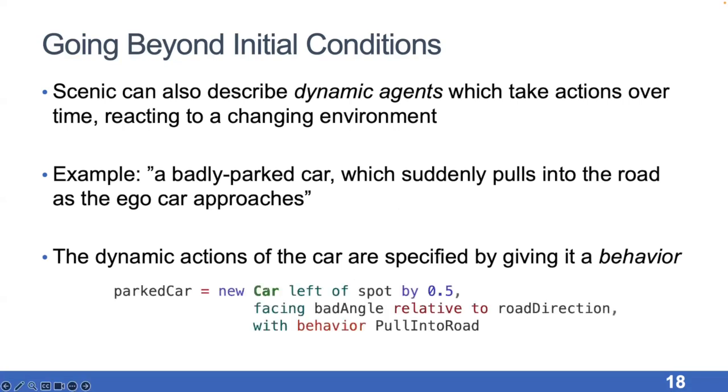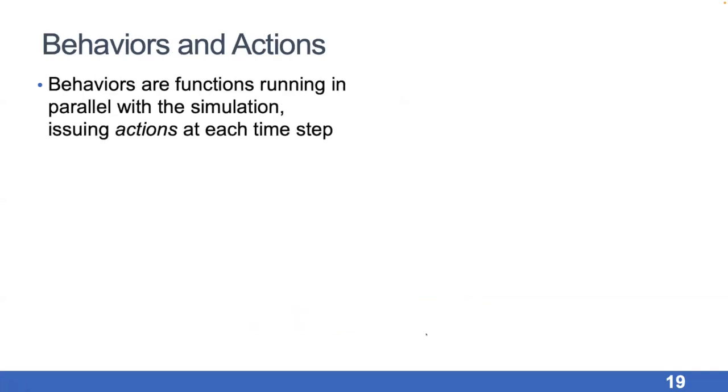So here's that little bit of code we had before, basically for creating the parked car. The new bit we're adding here is one last line saying the behavior property is set to this pull into road thing. And that's a behavior that we can define. So the way to think about behaviors is you can think of them as functions that are running in parallel with the simulation. So every agent has one of these behaviors.